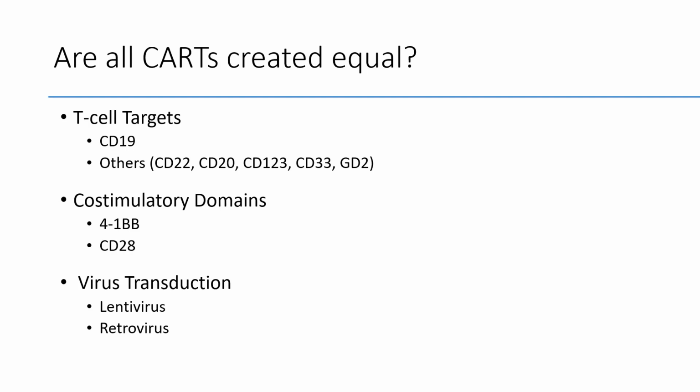And the last one is that the virus used to transduce the receptor into the T cells can differ, but so far outcomes using the different CAR T products have all been shown to be effective in inducing remissions. So these are the three differences in how they are created.